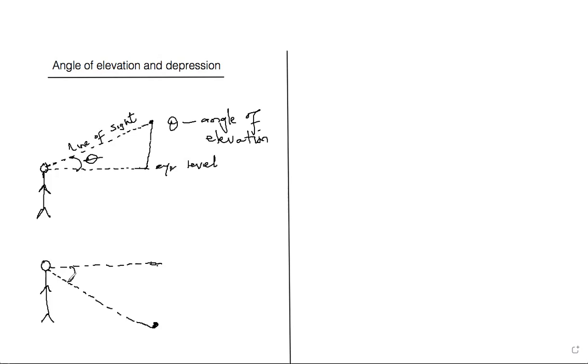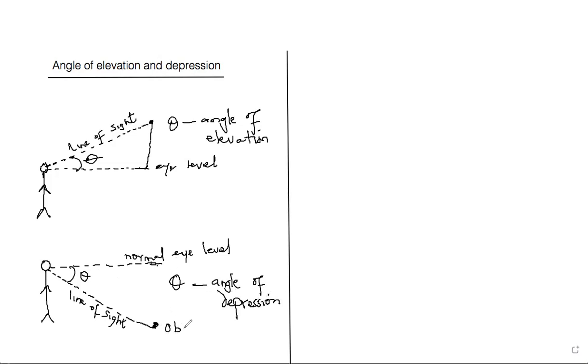So this angle between the normal eye level and the line of sight is known as the angle of depression. So this time, theta is called the angle of depression. Why? Because the object of interest is below the normal level of the eye.